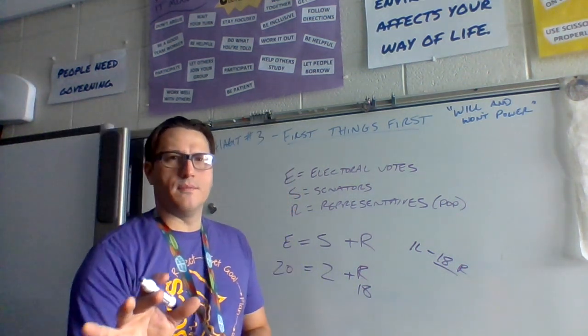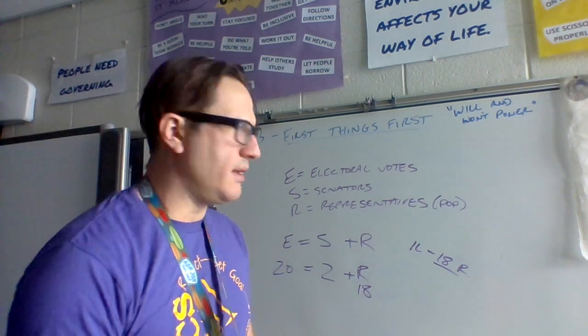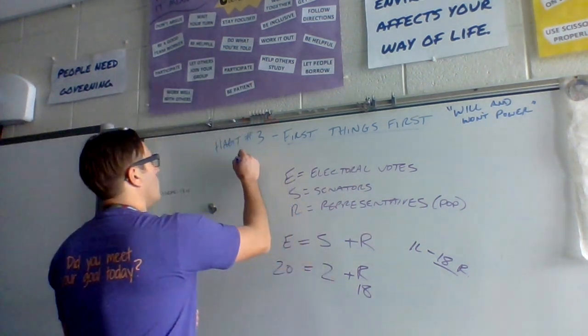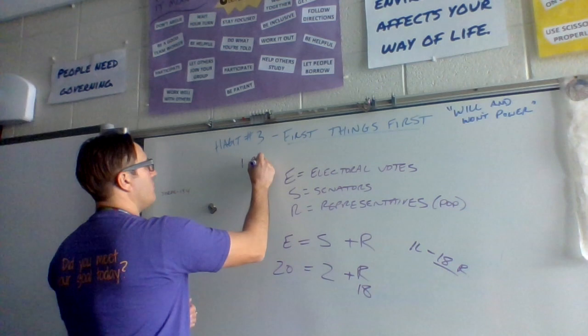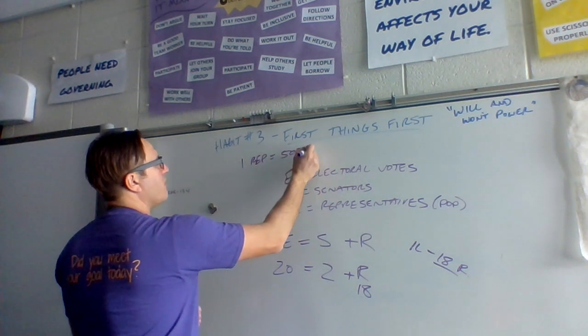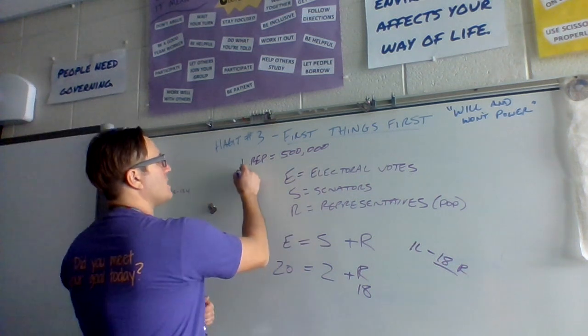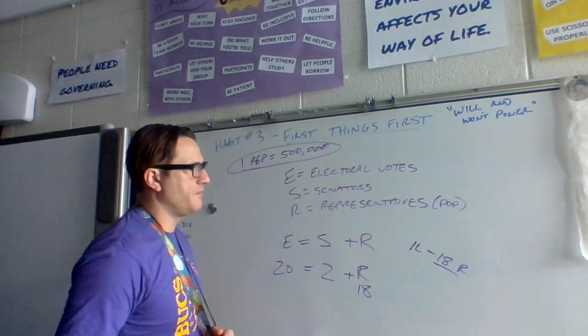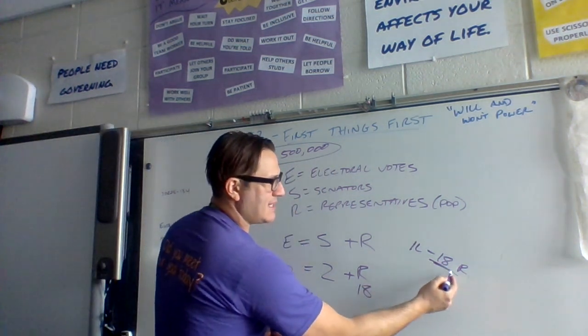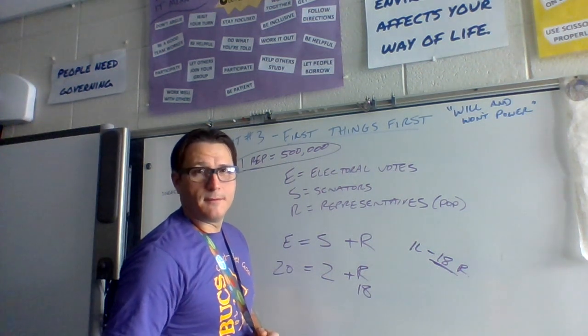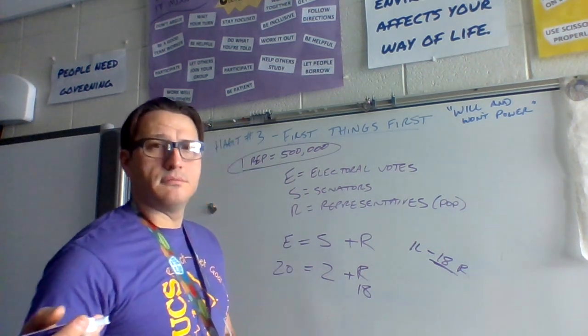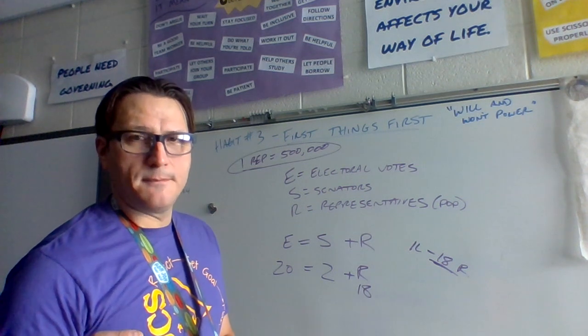Now, you should know from objective 3, I believe it is, that 1 representative equals 500,000 people. Okay? 1 representative equals 500,000 people. So if Illinois has 18 representatives, could you figure out how many people live in Illinois?